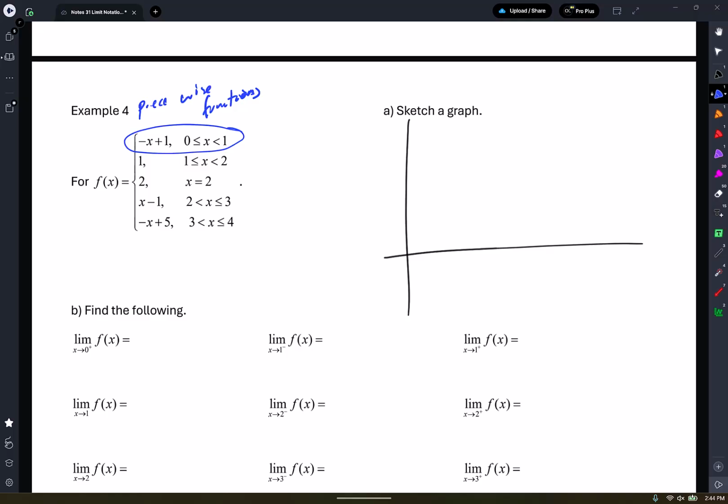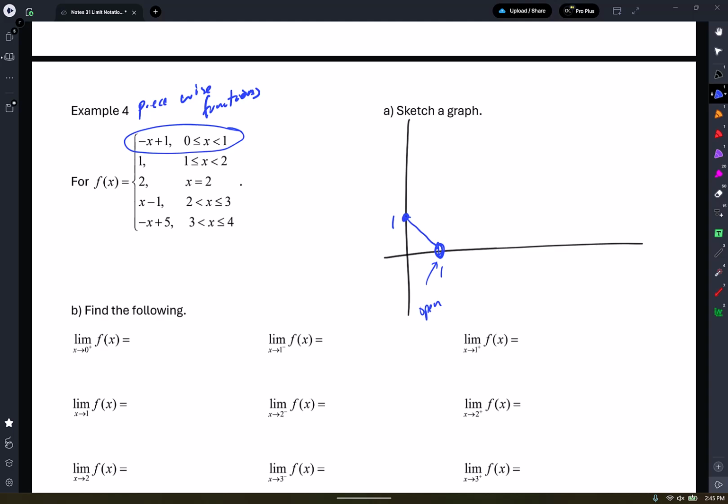That has a y-intercept of 1, so I'm gonna put a 1 right here. And my slope is -1, and I go from 0 to 1. So here's 1, and that's gonna be an open circle right here on this one.